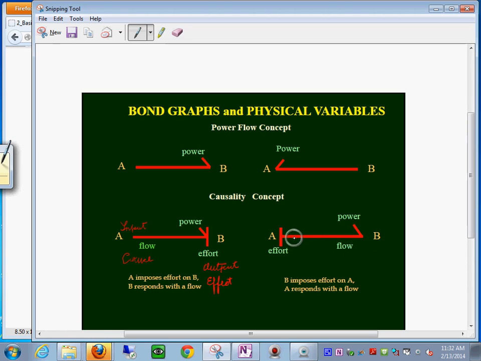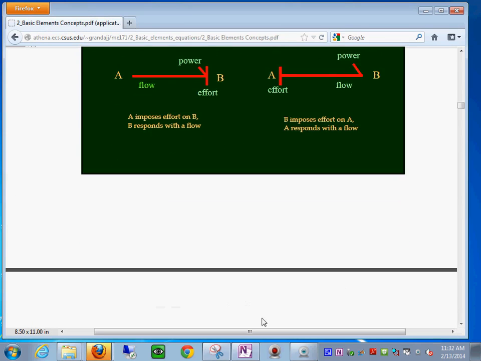If we're looking at A in here, this is of course E, and this is the input, and this is F, the output. But I am talking about the A element, because if our reference is B, then it would be the reverse.